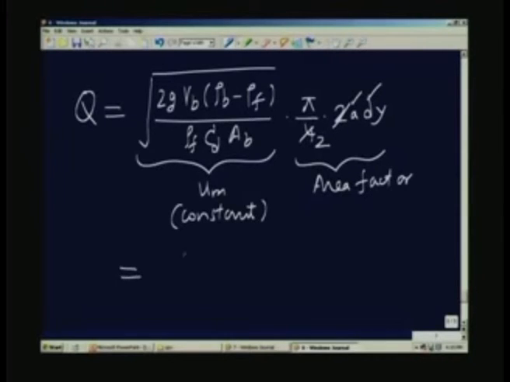So, I can say this is nothing but some C times y, where C is a gauge constant. Basically, the rotameter is a linear device where the volumetric flow rate is given by some constant times the position of the bob, which is noted down.